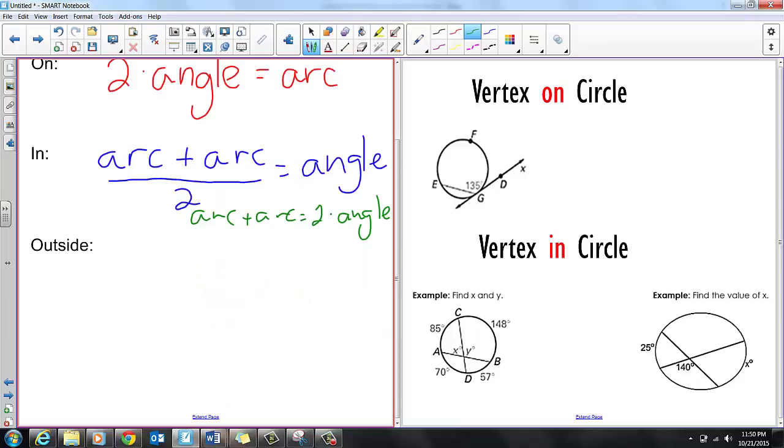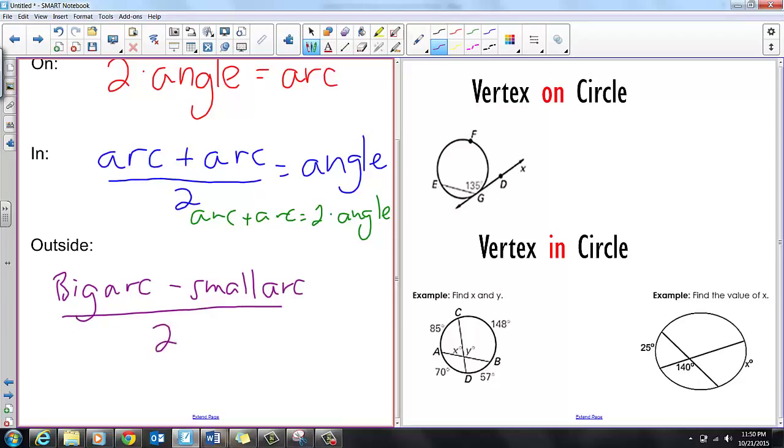Alright, for when the vertex is outside of the circle, we want to say big arc minus small arc, divided by 2 is going to equal the angle.